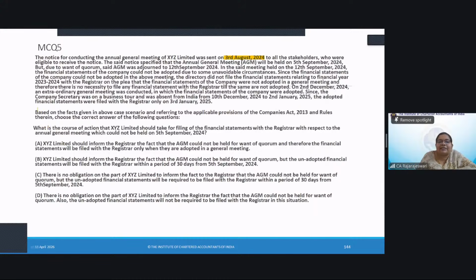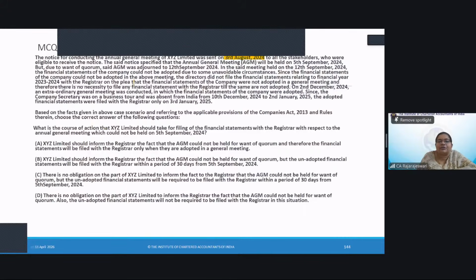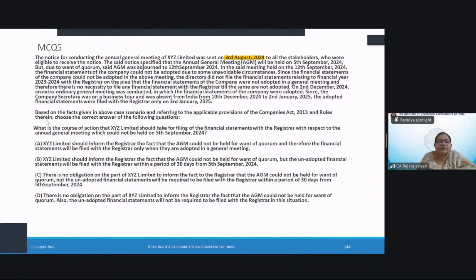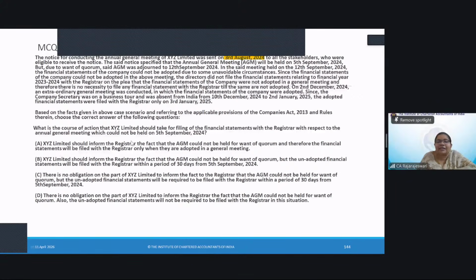You read the question like this: based on the facts given in the above case scenario and referring to the applicable provisions and rules therein, choose the correct answer to the following questions. What is the course of action that XYZ Limited should take for filing of the financial statements with the registrar with respect to the annual general meeting which could not be held on 5th September 2024?